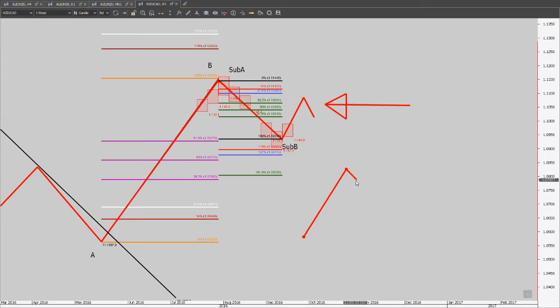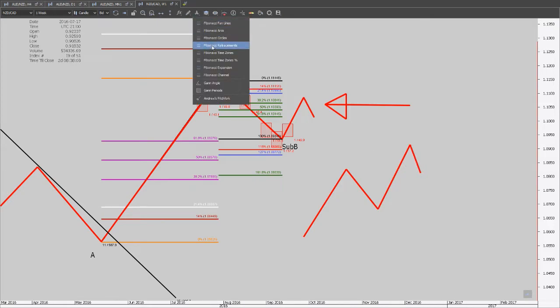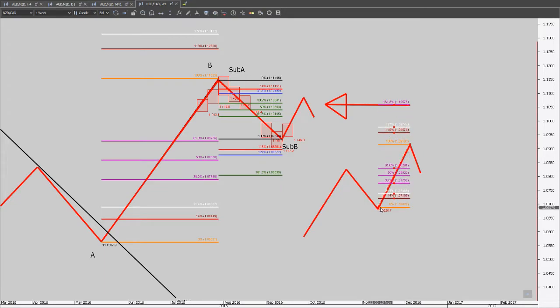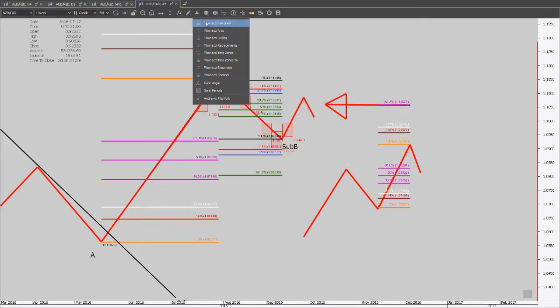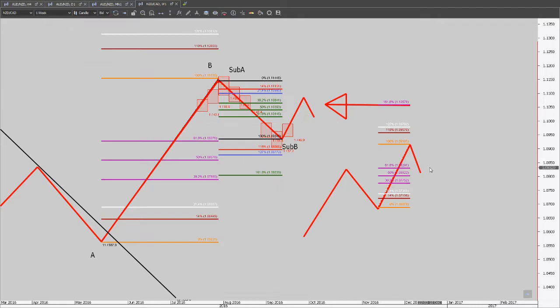Now, if this is the original trend, the market's making higher highs, higher lows, and we are here right now, and this is the original Fibonacci, right? We know that at some point in time the market is going to start waving back up, it's going to push up, because in order to continue the uptrend it needs to make a higher high, right?